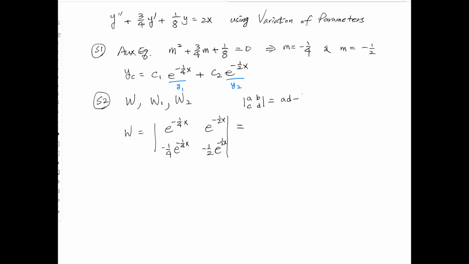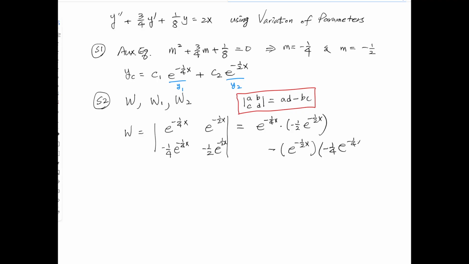AD minus BC. AD is e to the negative 1 over 4 x times negative 1 over 2 e to the negative 1 over 2 x, minus BC. B is e to the negative 1 over 2 x times negative 1 over 4 e to the negative 1 over 4 x.